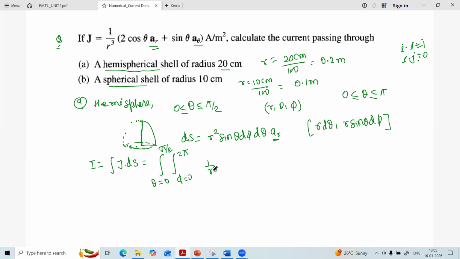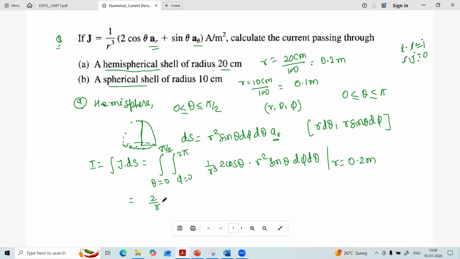So 1 by r cubed times 2 cos theta, and the remaining ds value r squared sine theta d phi d theta. Here r is constant. In the first case, r is 0.2 meter.